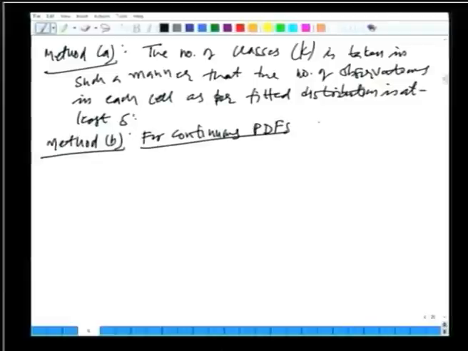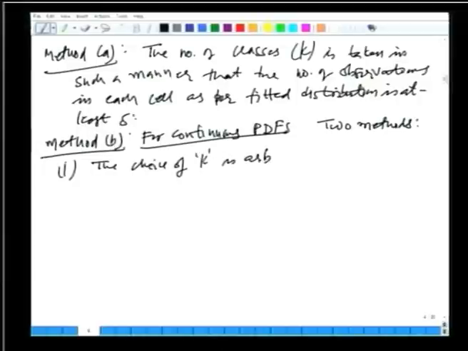For this also there are two cases or two methods, subdivisions, okay. The first one says that the choice of K is actually arbitrary.